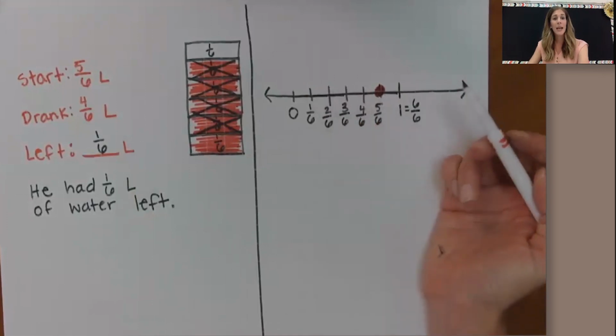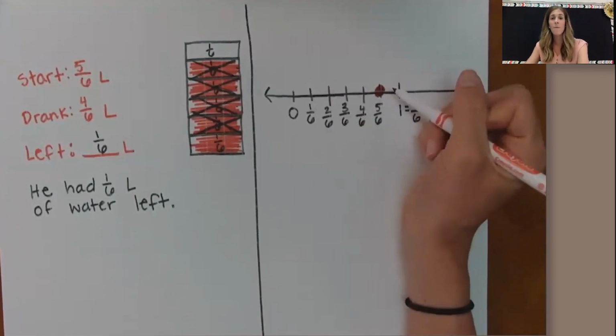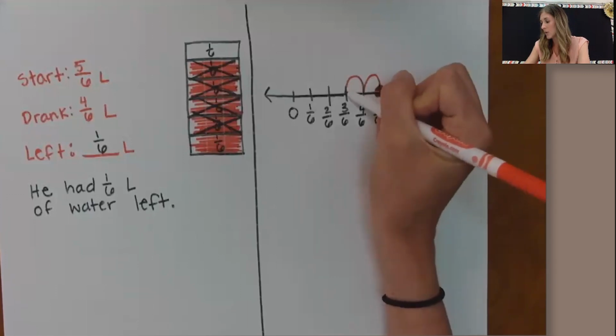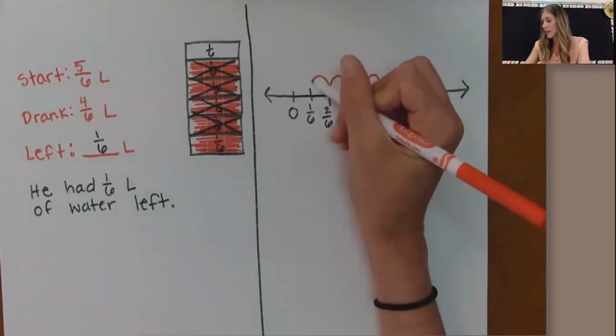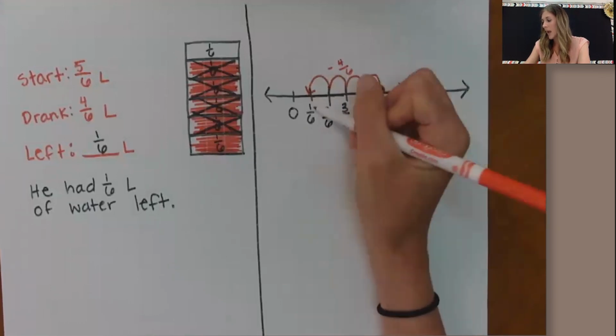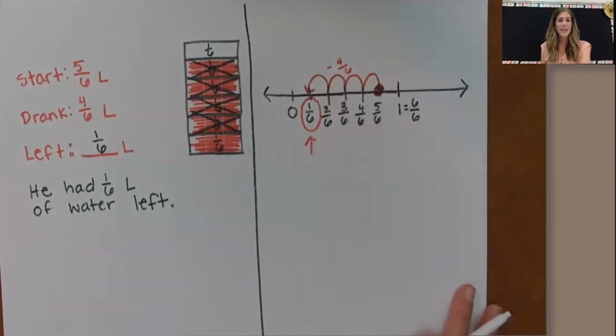Right, we're going to go down. He drank 4/6. So we need to go down 4 1/6 pieces. So 1/6, 2/6, 3/6, 4/6. And we can see that he is left with 1/6 liter in his bottle.